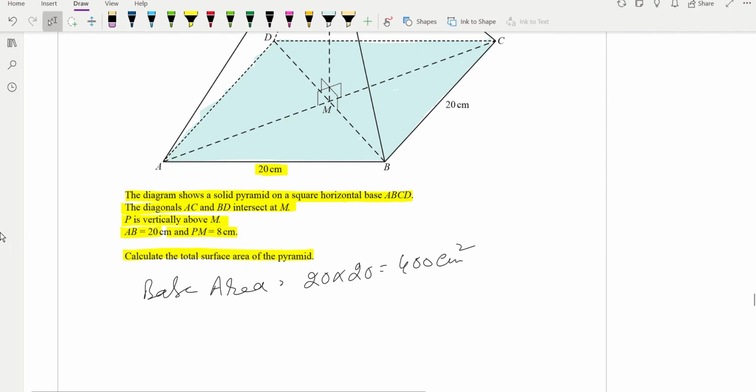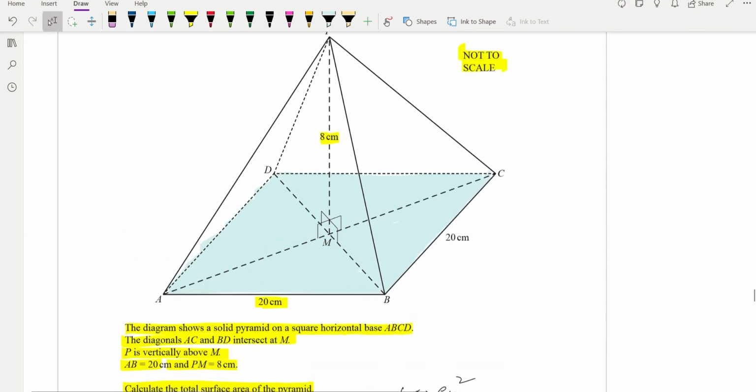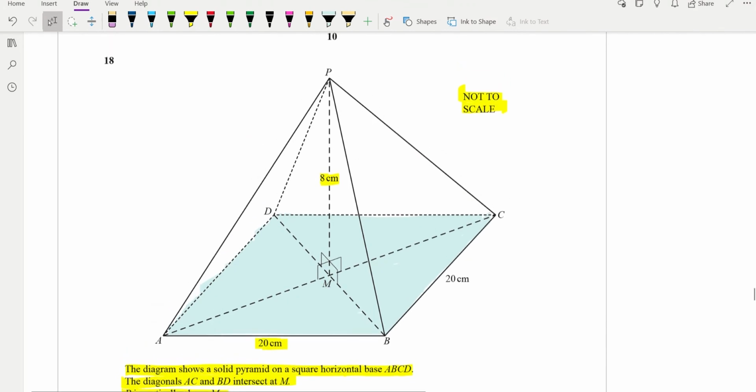Now we need the slanting sides, and if we check this slanting height, I'm going to draw a line from P to the middle of this one up to this one, and now we are joining the base also with the middle like this one.